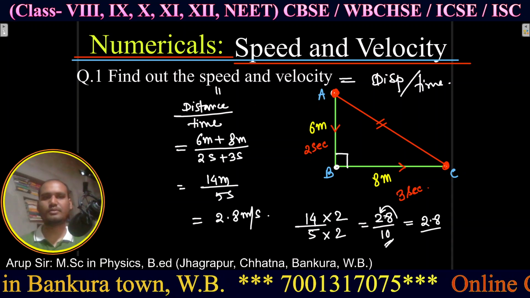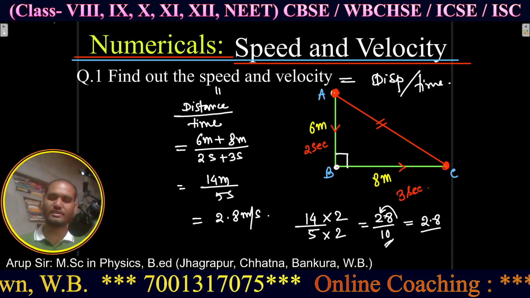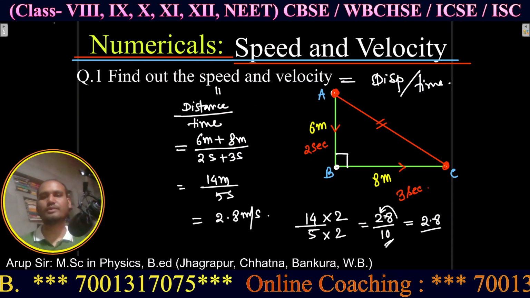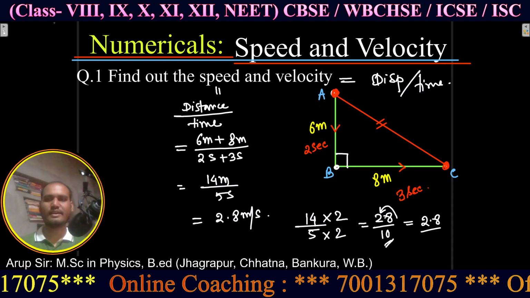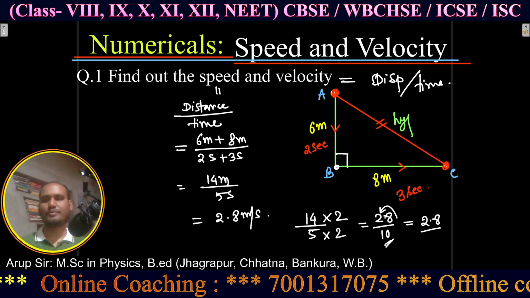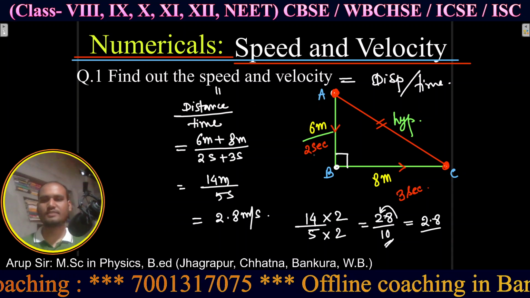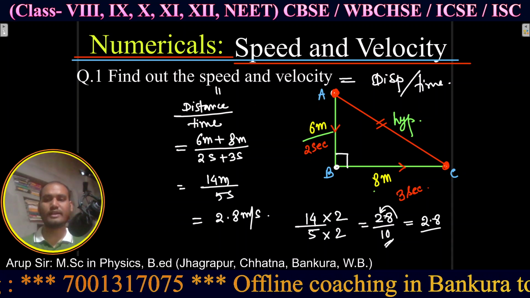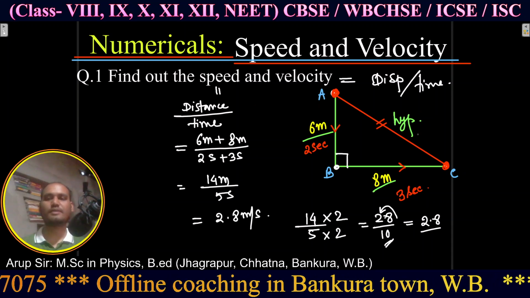What is the value of this length, from A to C? Just calculate. How can you calculate it? Simple. Because this is a right angle triangle and AC is nothing but the hypotenuse of this triangle, right? 6 meter is the perpendicular, 8 meter is the base, and the hypotenuse you have to calculate.